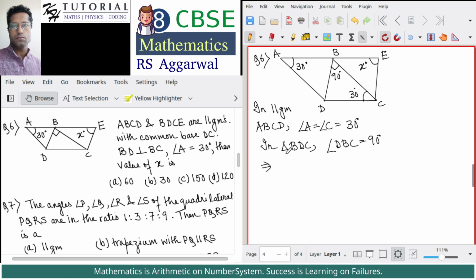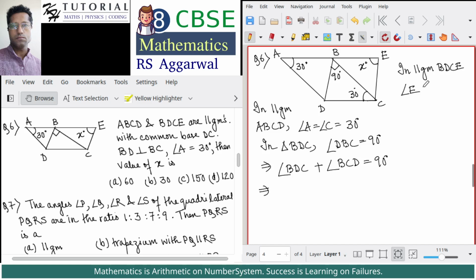From the angle sum property of a triangle, we can say that angle BDC plus angle BCD, the sum of the other two angles, should be equal to 90 degrees. Now BDCE is also a parallelogram, so E and D are in parallelogram BDCE.